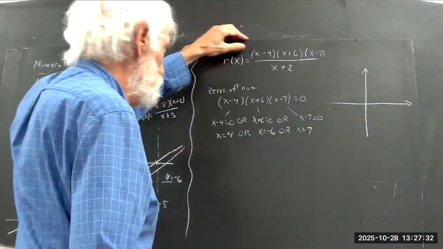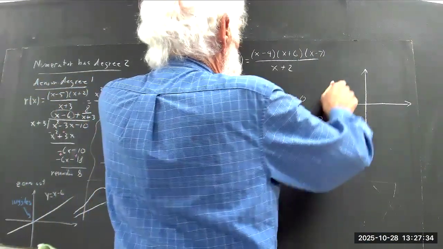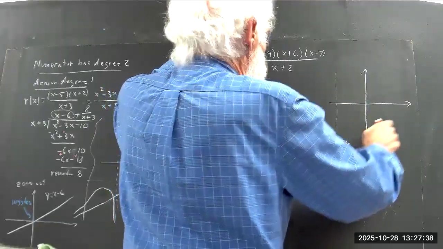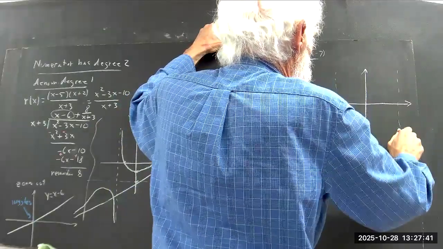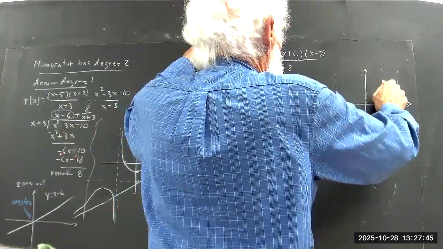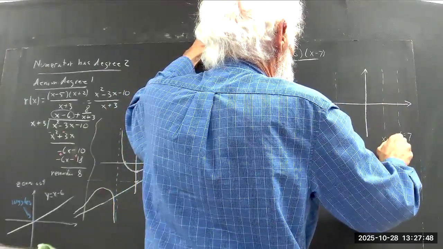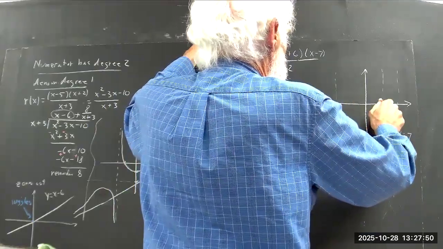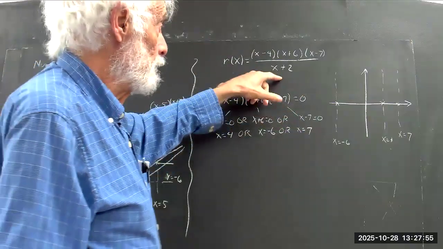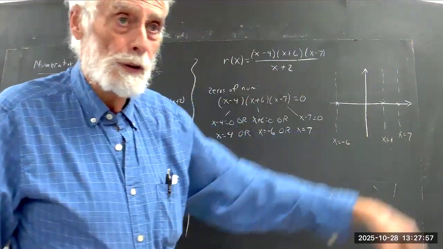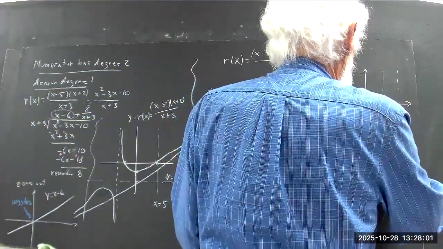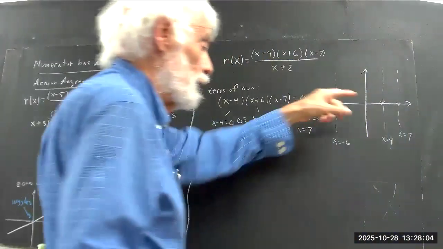We already know that at x equals -6, at x equals 7, and at x equals 4, we at least tentatively have zeros, as long as the denominator isn't also 0 at one of these points. We're safe saying that these will all be zeros of the function, giving us x-intercepts.